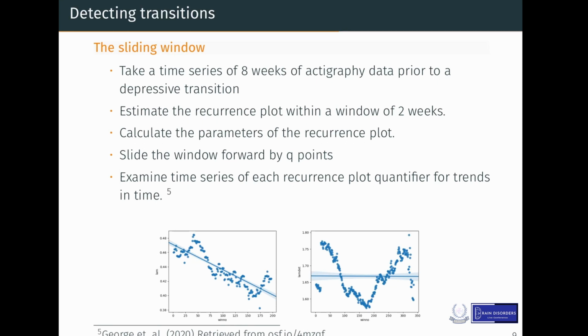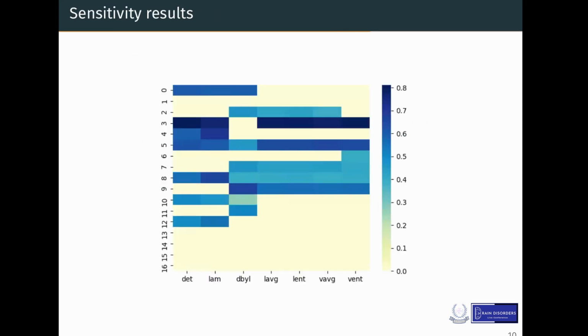Okay, so let me go to the results and then I'll explain them. These are the sensitivity results. Let me explain this graph a little bit. On the y-axis, you have the individual number.